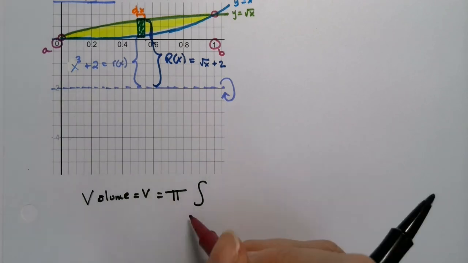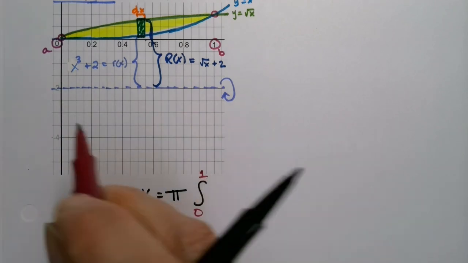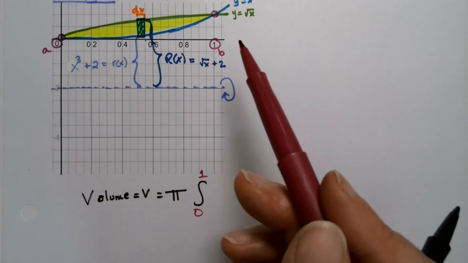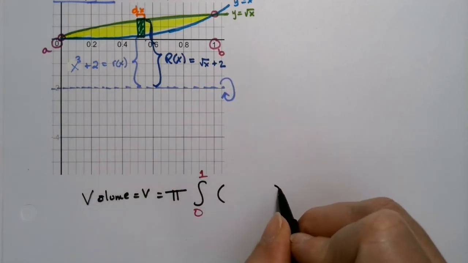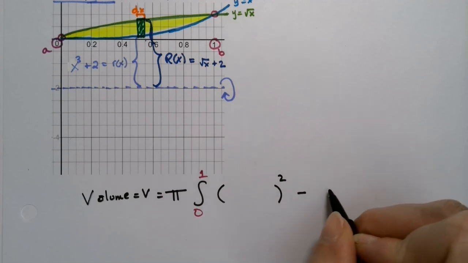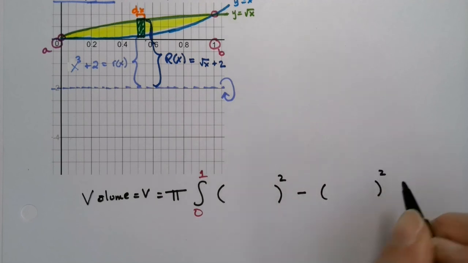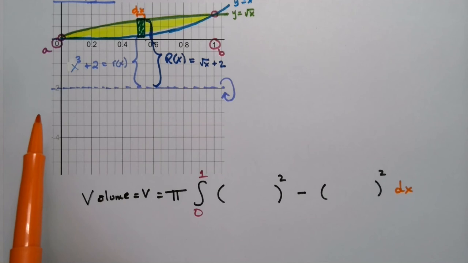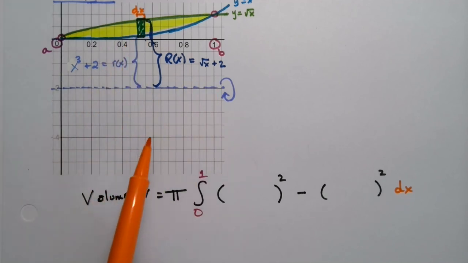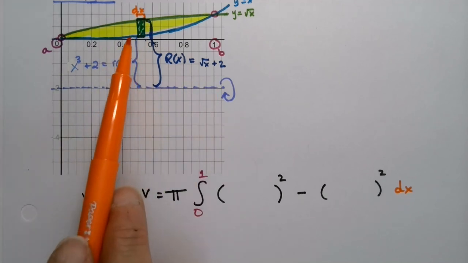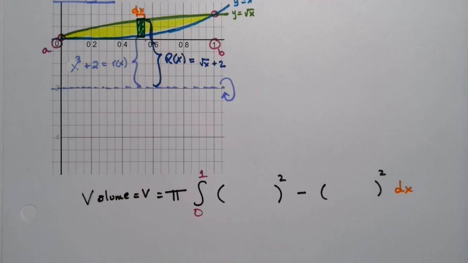And also what hasn't changed is 0 to 1, because we're still going from x equals 0 to x equals 1, intersection point to intersection point. And I definitely know it's dx. I know that right away. Once I know my axis of rotation is horizontal, that means it has to be dx because that rectangle has to be perpendicular to that axis of rotation.